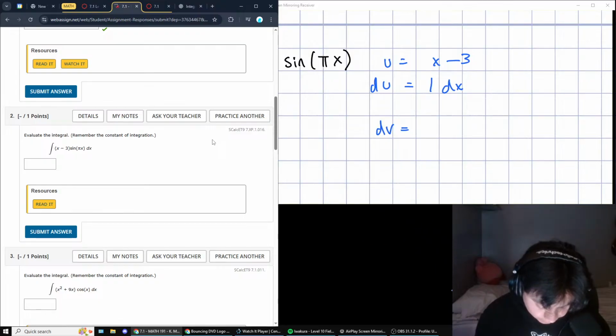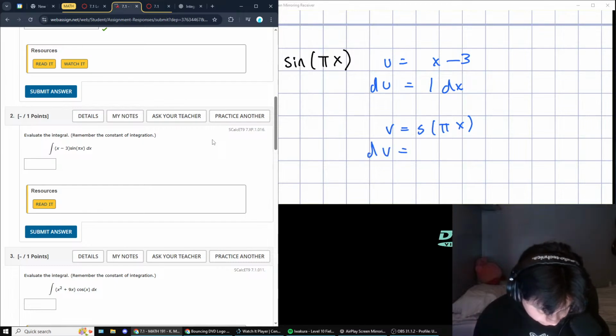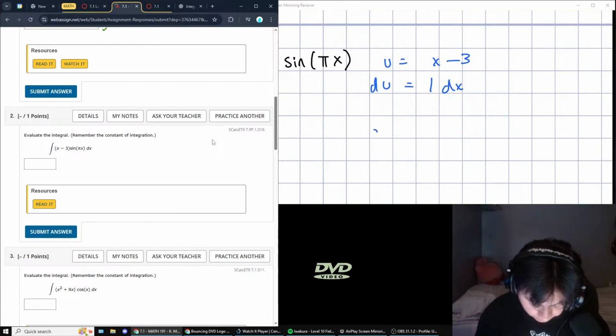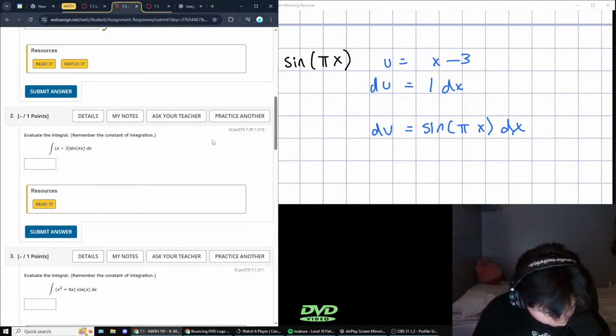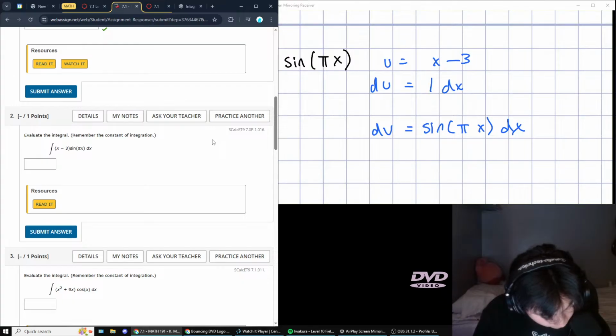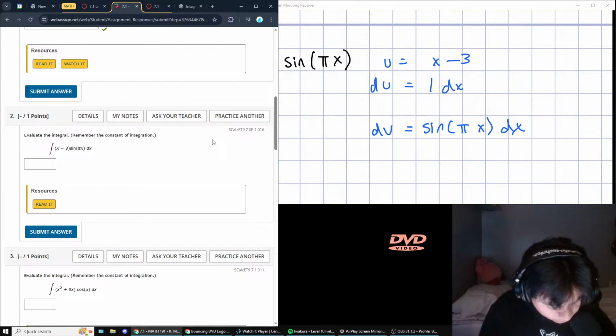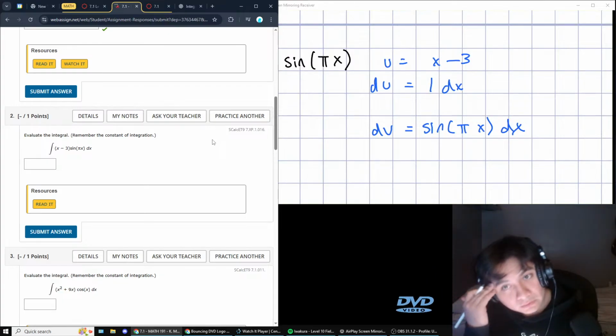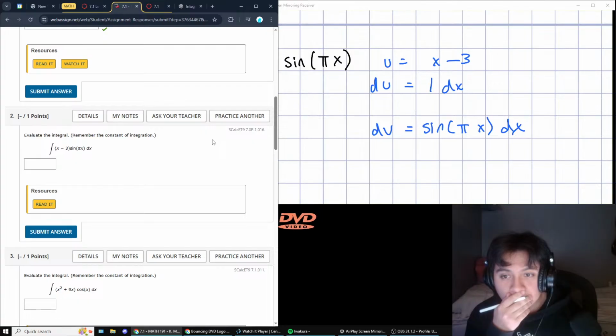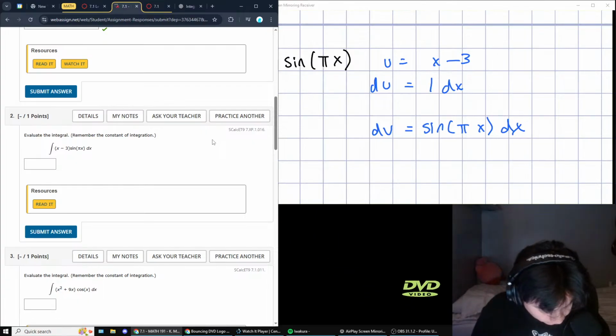Let v be sine of pi x, and then dv is equal to sine pi x dx. Okay, so we now integrate this.